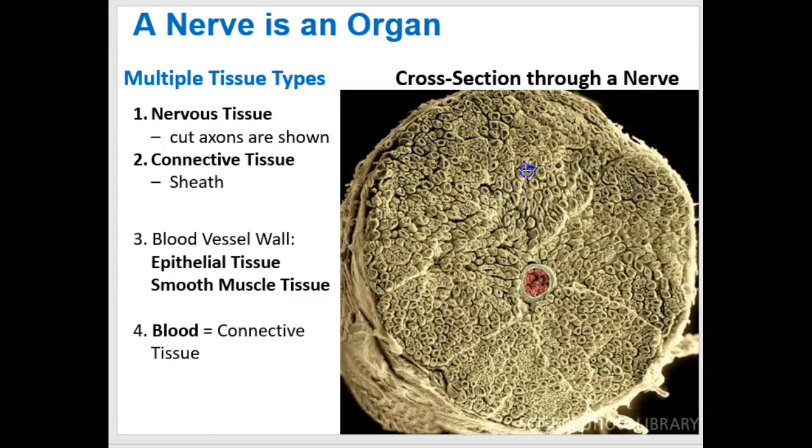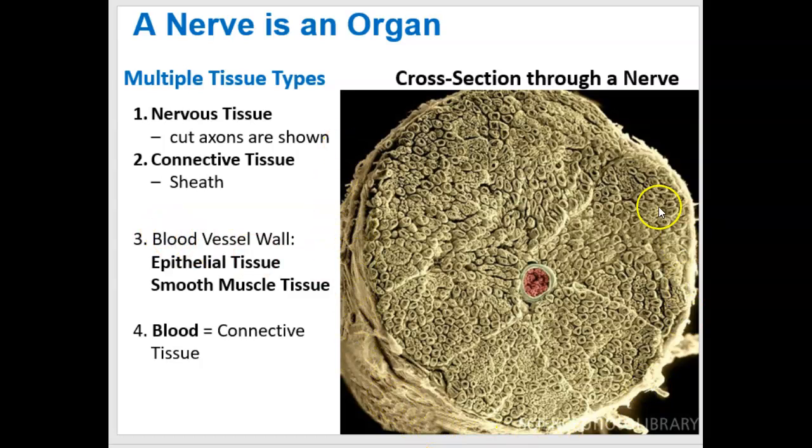So each individual little tiny circle is one of the processes in a neuron. Okay, one of those long extensions. We call those axons typically. Generically, it's a process because it sticks out. So all of those are neurons, and many neurons are found within a nerve.